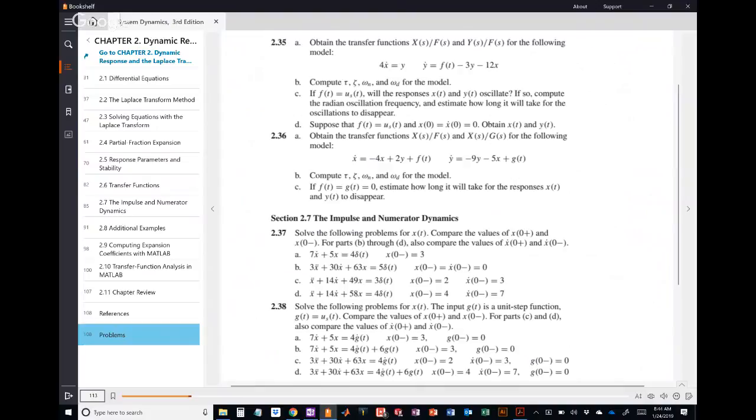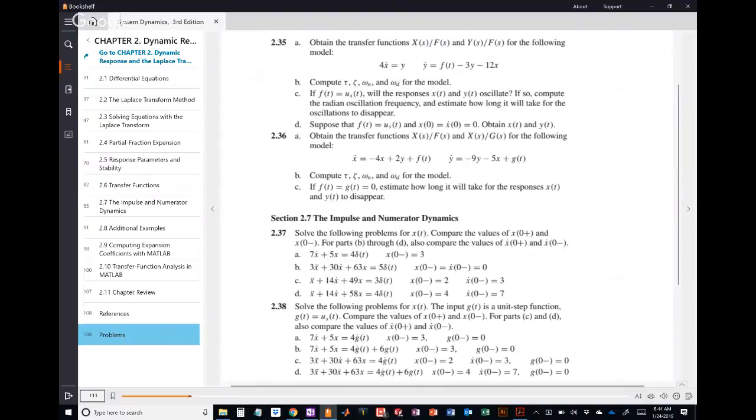I like the impulse. You'll see that I've used it a couple times in the homework. This idea of the 0 minus and the 0 plus, we haven't really developed that fully. So I would say don't worry so much about the 0 minus and 0 plus.